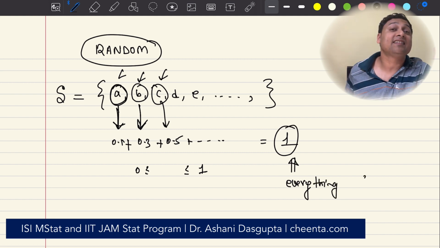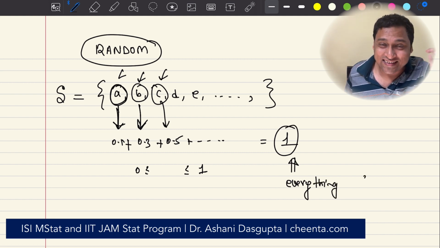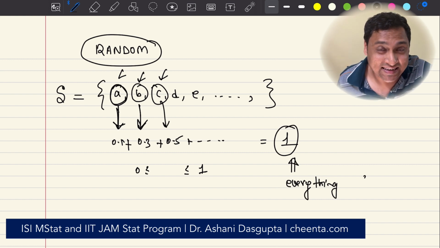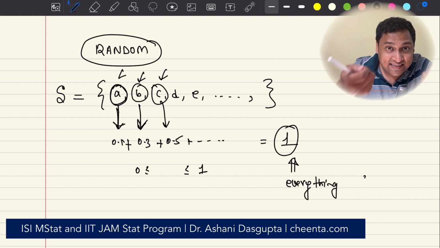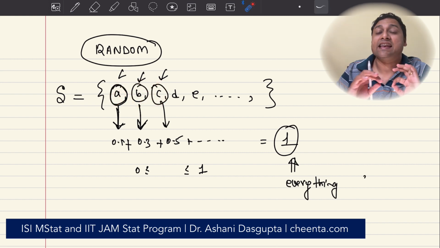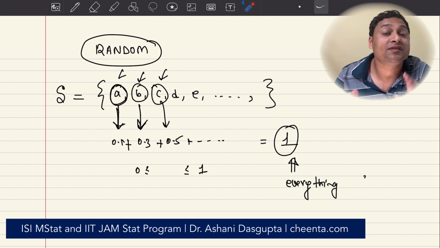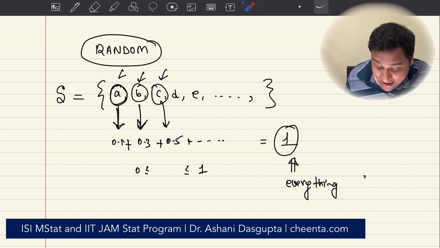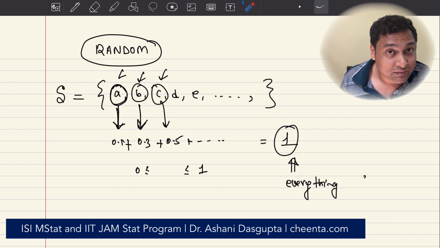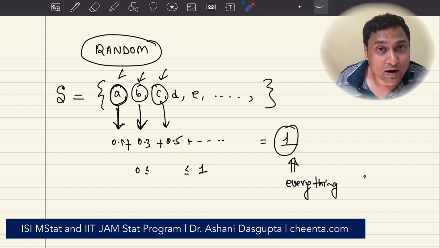So at a conceptual level, a probability is a function that takes elements of this set as input and gives numbers between 0 and 1 as output, and those output values should add up to 1.